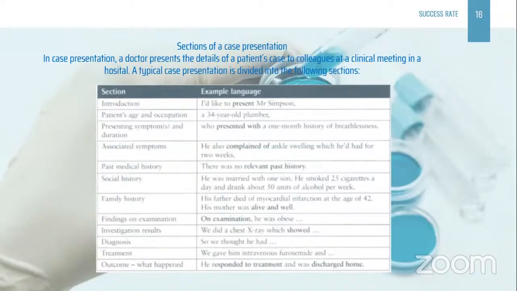I think, teacher, the sections are the same, but it depends on the moment I present the patient. For example, the patient comes to the hospital as an emergency, in a very serious situation.